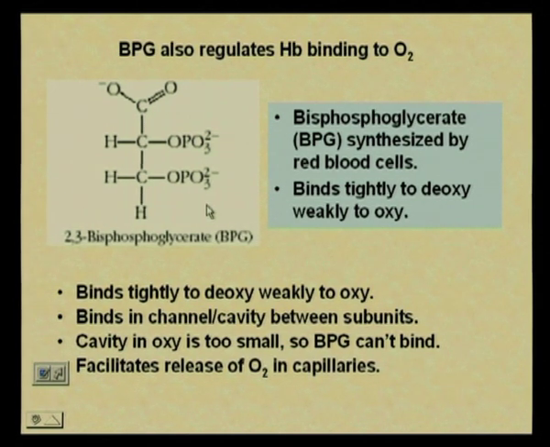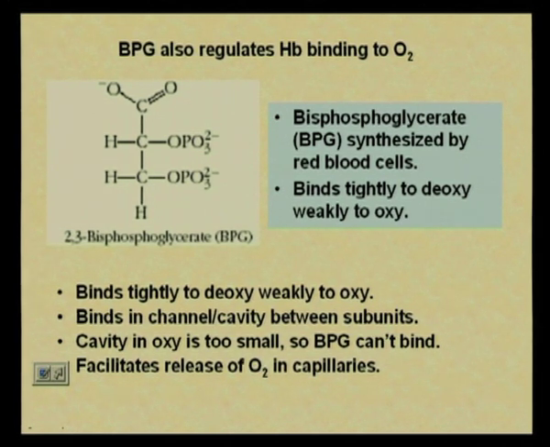Okay? Now, once it holds the BPG molecule, can you tell me what is going to happen to the oxygen then? If the deoxy is binding the BPG, then the oxygen will not be bound to it, it will be released.